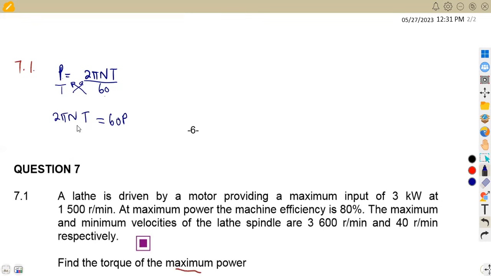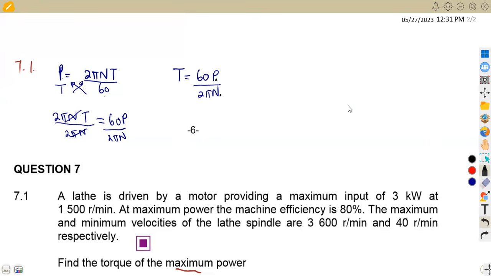To find T, we simply divide both sides by 2 pi N. So the T representing the torque is going to be given as 60P over 2 pi N, which depends on the information that you're working with.